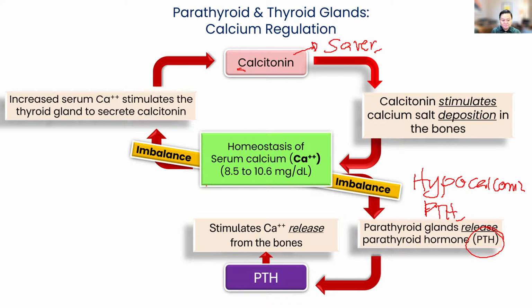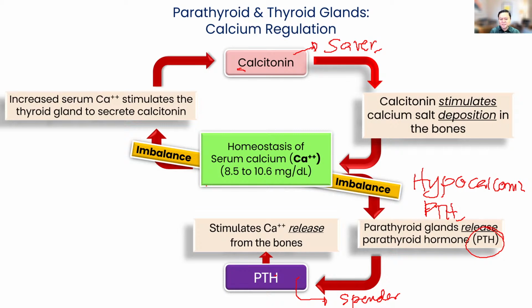Okay? So I will call the PTH the spender, the hormone that will withdraw the calcium ions from the bones, from the bank. All right? So take note about the PTH. This is our spender. It will cause the release of the calcium ions from the bone matrix into the bloodstream.